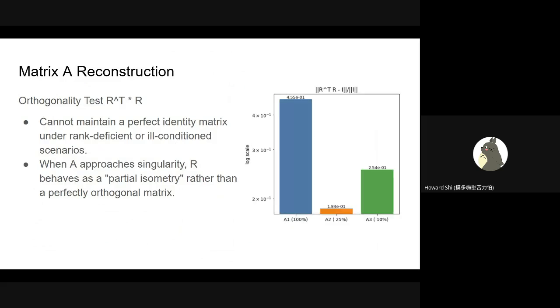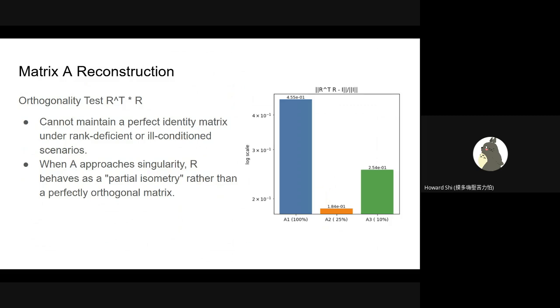A critical verification step is checking the orthogonality of R. We observe that R cannot maintain a perfect identity matrix, especially under rank deficiency or ill-conditioned scenarios. When matrix A approaches singularity, R behaves as what we term a partial isometry rather than a perfect orthogonal matrix.